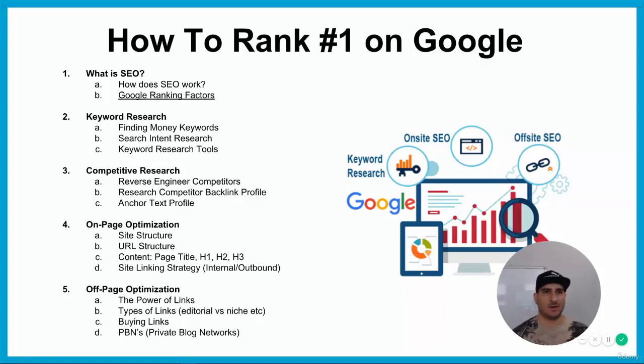Also, we're going to talk about linking out to different pages that are niche relevant and authoritative within your content as well, because it's a natural way of creating content, since you're citing different sources out there, and it's showing Google, okay, these other credible sources are also what I recommend.